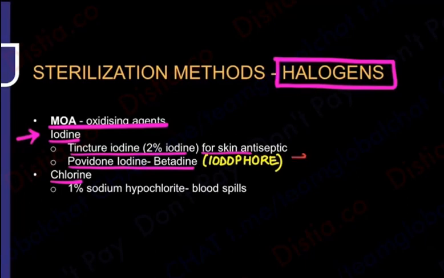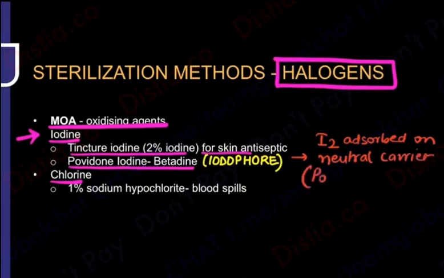What is povidone iodine? In this you take iodine, and that iodine is adsorbed onto some kind of neutral carrier. I can give you an example of a neutral carrier. It is polyvinyl pyrrolidone. If you break this word, it sounds like povidone. Now you understand why I called it povidone.